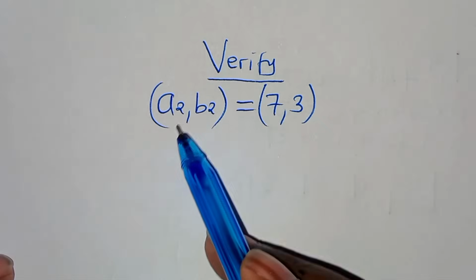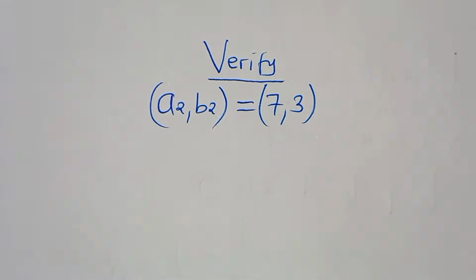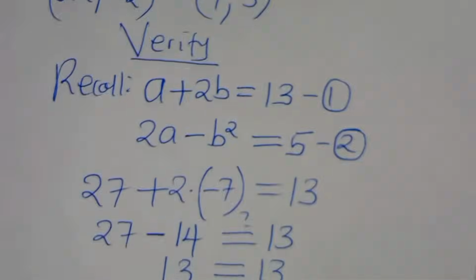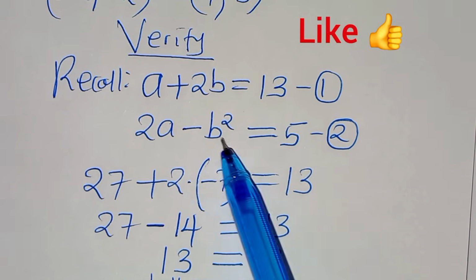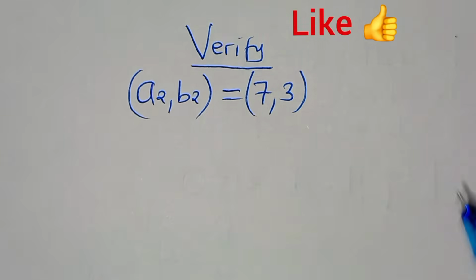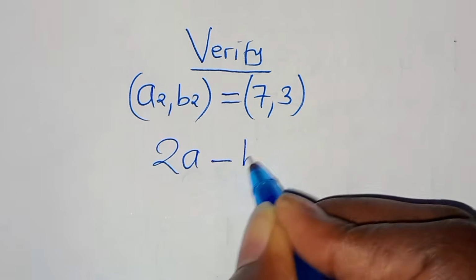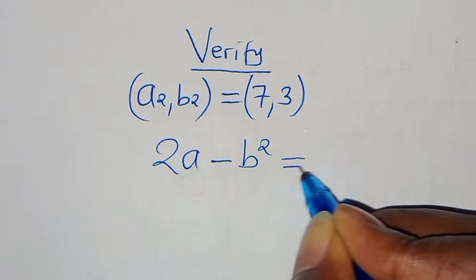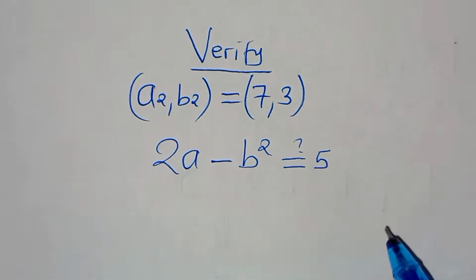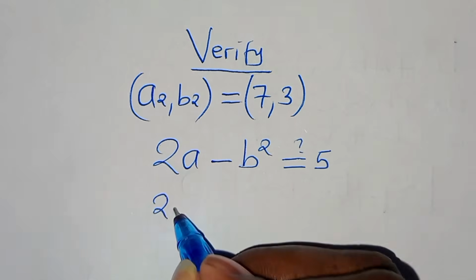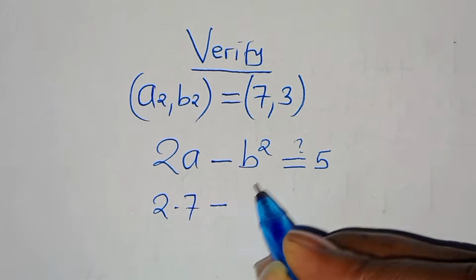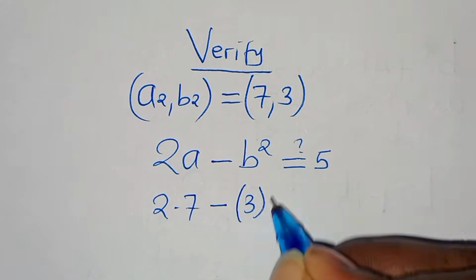Now let's verify a2 b2, which is 7 comma 3, by using equation 2 here, which is 2a minus b squared, this is equal to 5. We have 2a minus b squared, this should give us a value of 5. So we have 2 times 7 minus 3 squared.